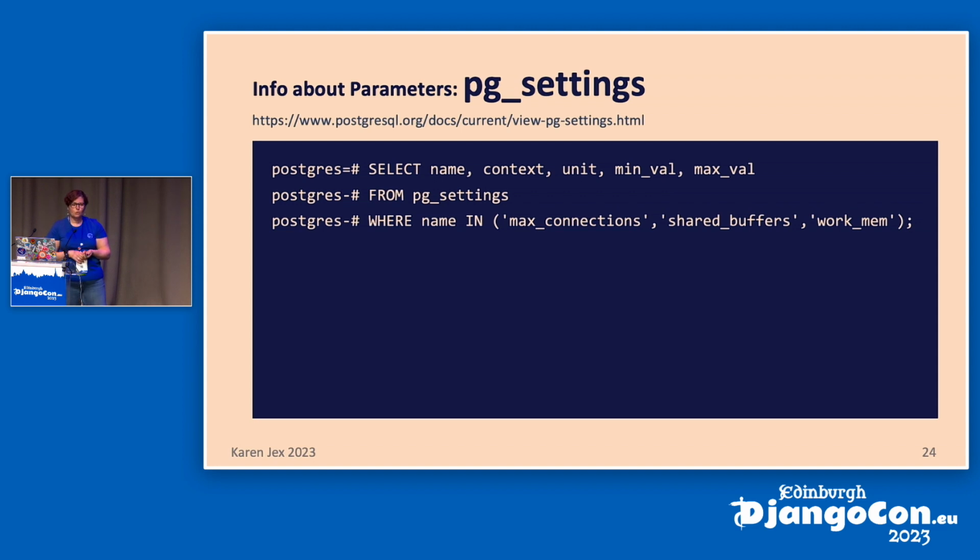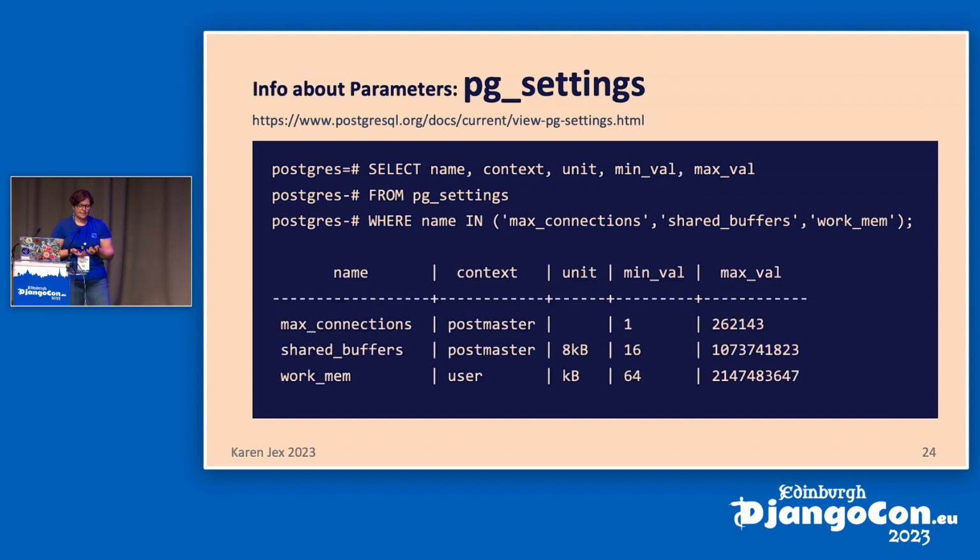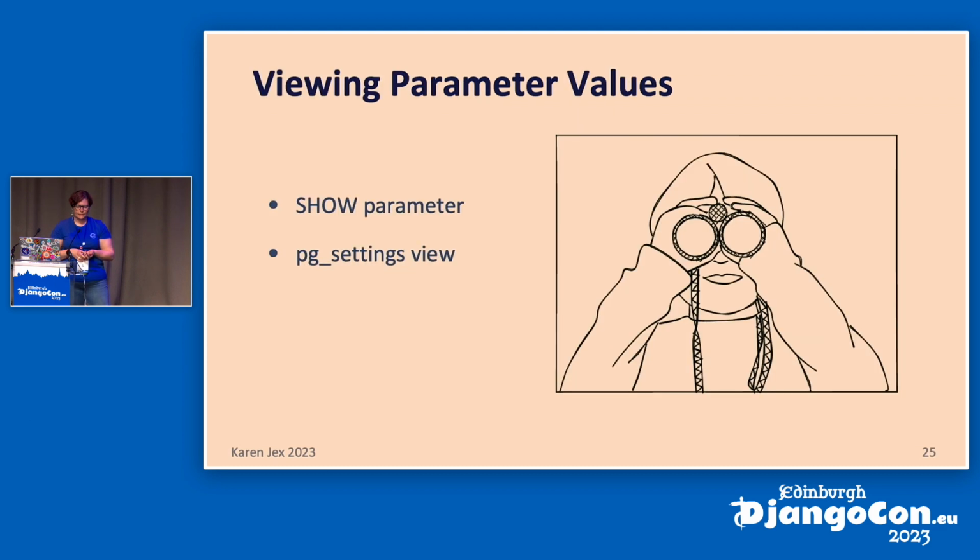And you can see a lot more information about the different settings in here. You can see things like a description, the context that we already saw, the minimum values, maximums, and the defaults. So that's all the different ways that you can get information about settings.